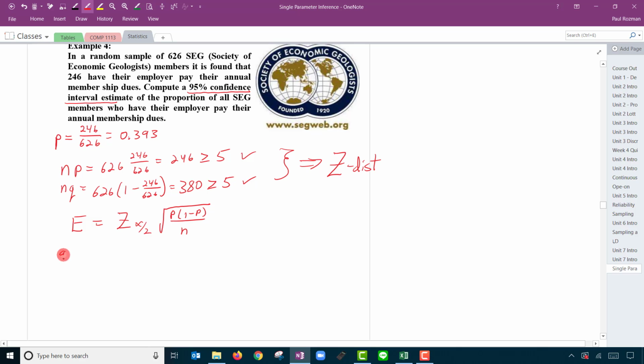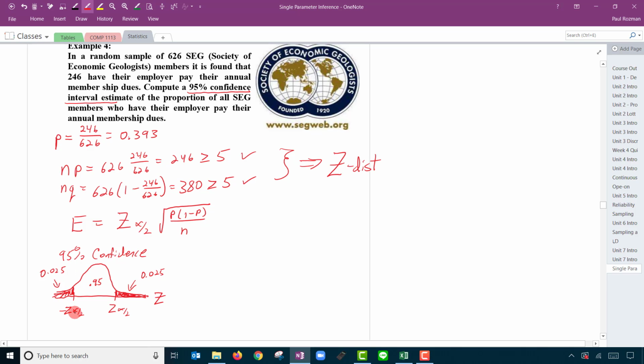In this case, 95% confidence means that our Z score, or critical value, is going to be pretty close to 2, the empirical rule. And if we actually look it up in our table, Z alpha over 2 is on the axis here. Basically, these are the cutoffs between what's likely to happen and what's less likely to happen. 95% of our values are in the middle, and then we have 0.025 in the tails.